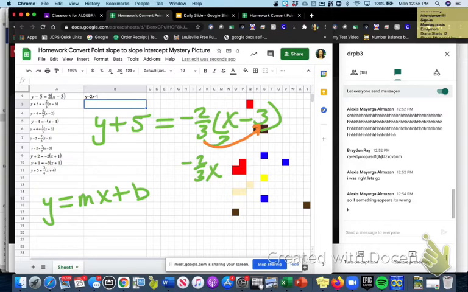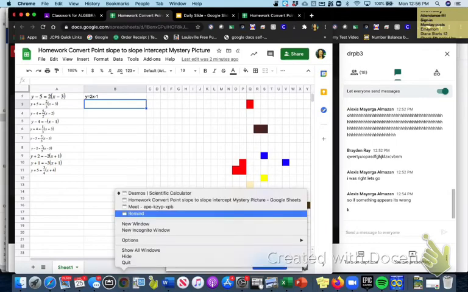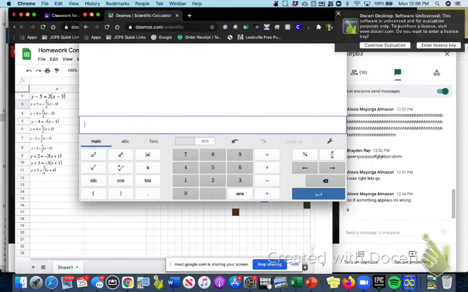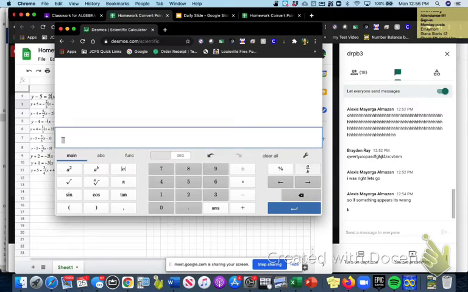So I'm going to get off this screen for a second and go to the calculator. We're doing negative 2/3 times negative 3. For starters, you're going to hit that fraction button, the button right underneath the wrench in the top right-hand side. Then I'm doing negative 2/3, so negative 2, then I'm going to use my cursor to go to the bottom.